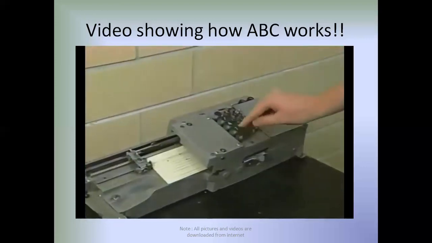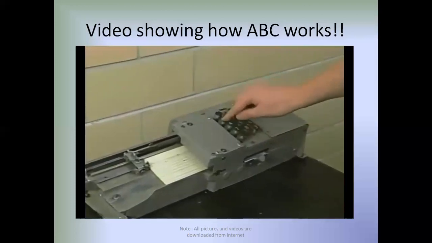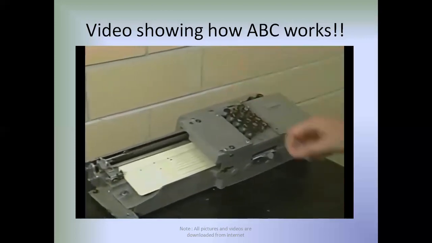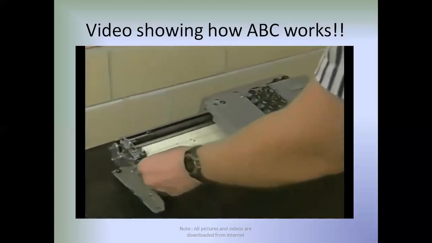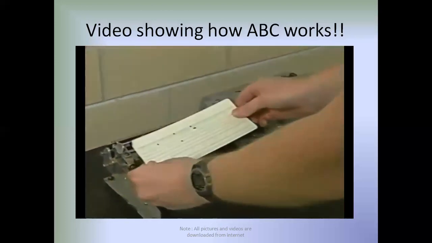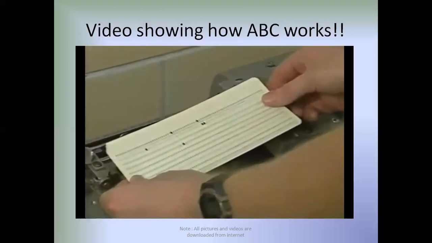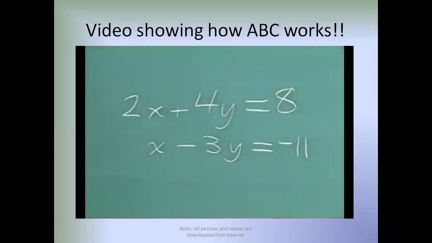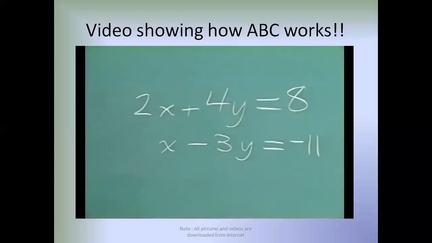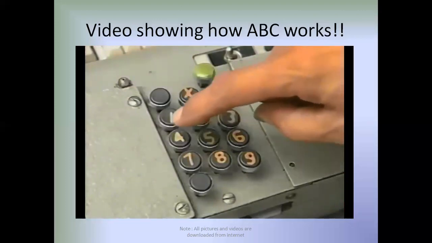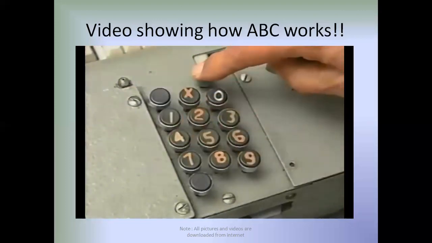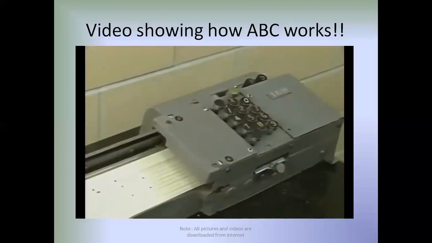The first step is to enter the data into the ABC. There is no keyboard for data entry, so you have to punch the numbers in on cards. These punch cards are the same type that were used until the 1970s for getting data into a computer. Our first equation is 2x plus 4y equals 8, so we punch in the numbers 2, 4, and 8. You may have also noticed that we're using only whole numbers.